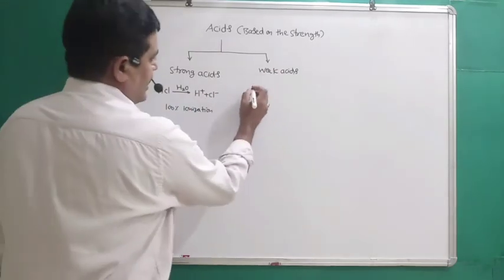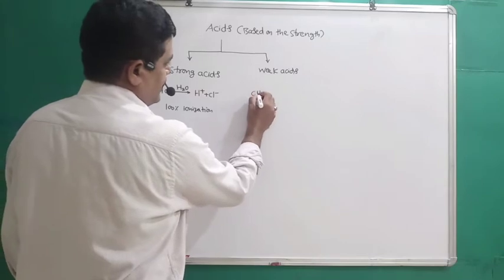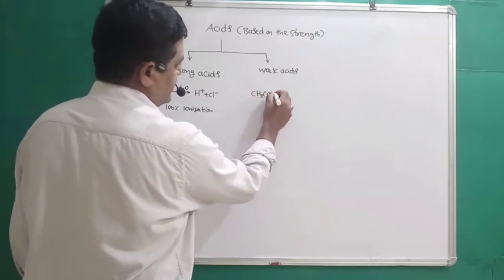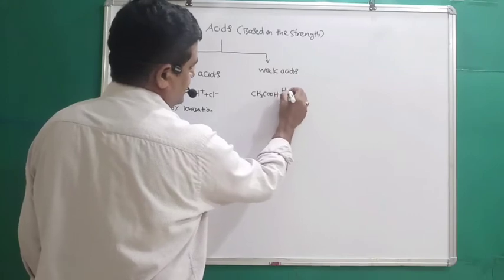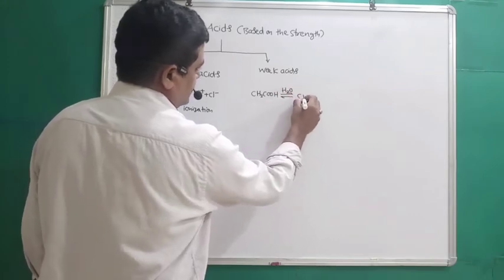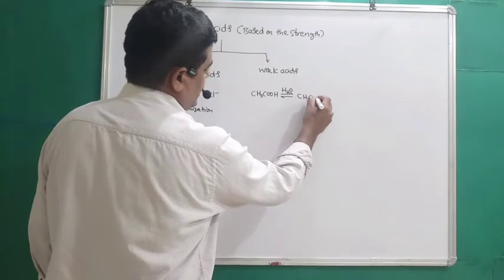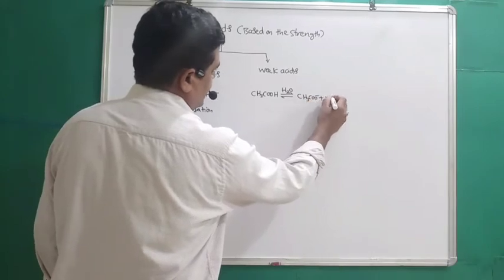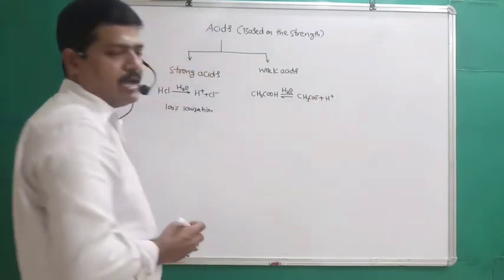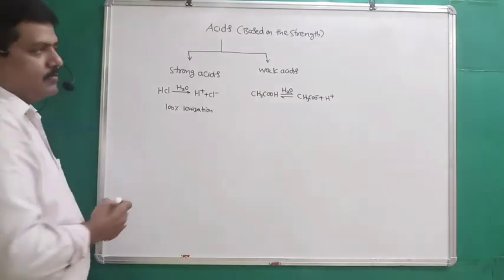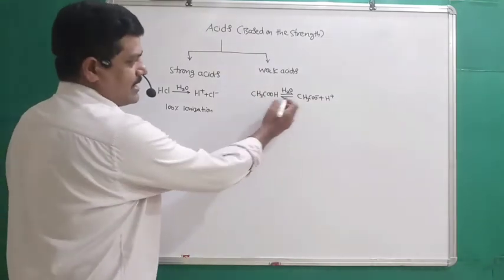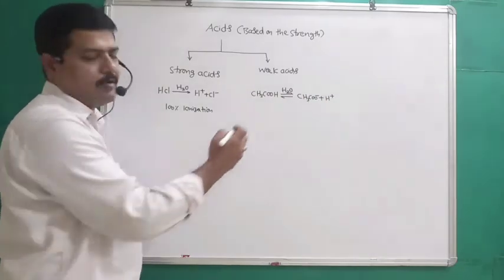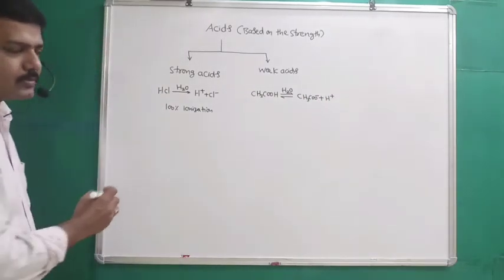On the other hand, when we put a weak acid like acetic acid in water, it will attain the equilibrium with its ions, CH3COO- plus H+, acetate ion plus hydrogen ion. For the weak acid in aqueous medium, both molecular as well as ionic form will exist, right?